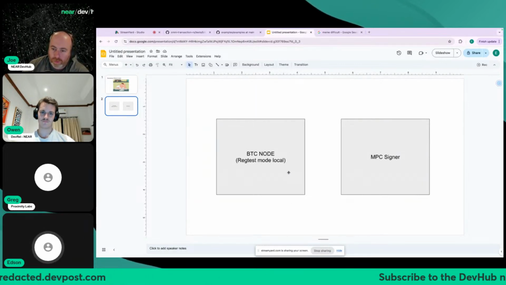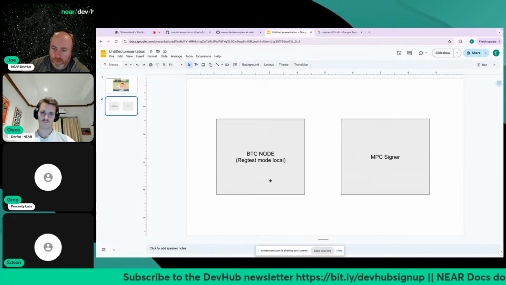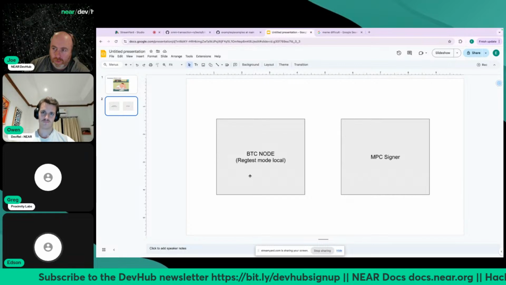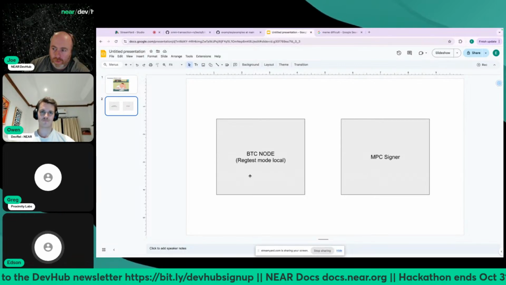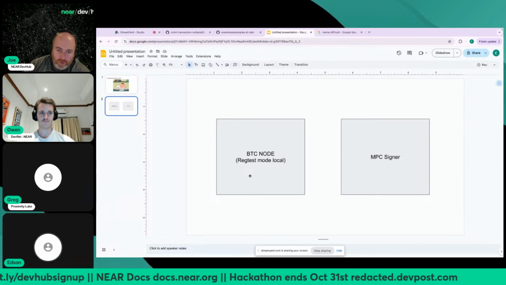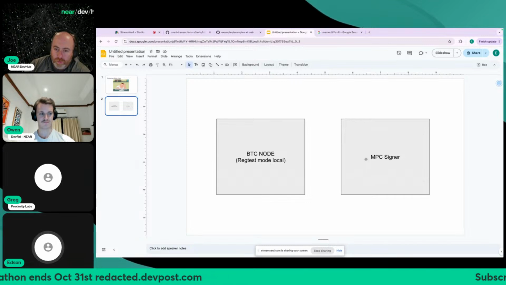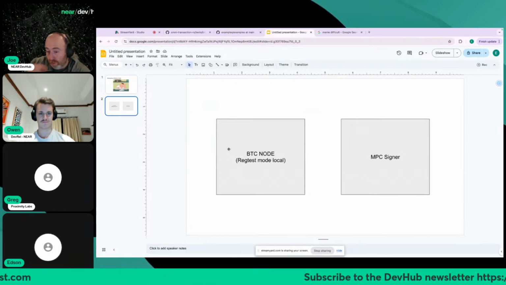In that way, you can derive the address of your NEAR smart contract, give some UTXOs to that address, any amount that you want, and then sign that you want to spend some amount and propagate it in this BTC node.